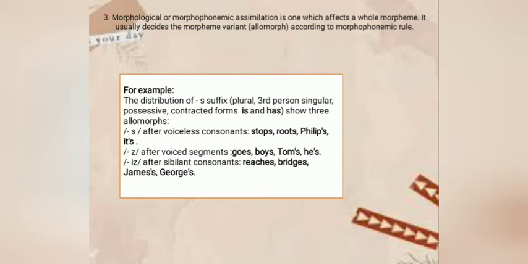So three allomorphs: s after voiceless consonants, stops, root, Phillips, and it. Z after voiced segments: goes, boys, toms, his. Iz after sibilant consonants: ridges, bridges, James, and Georges.